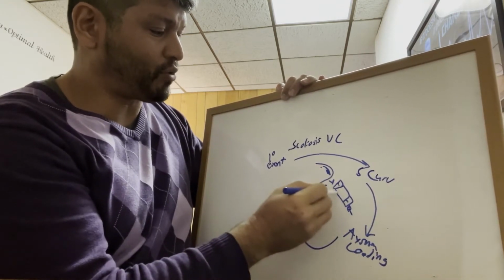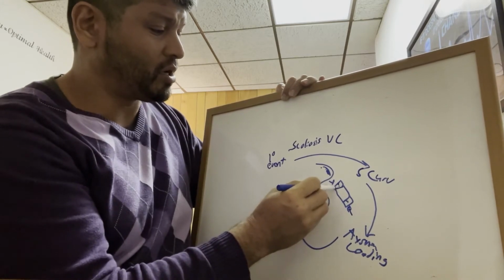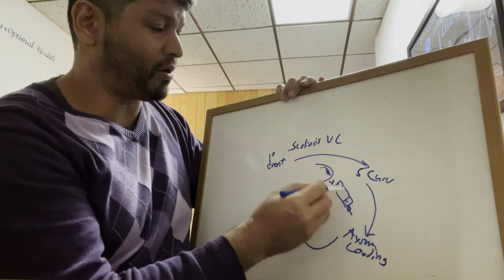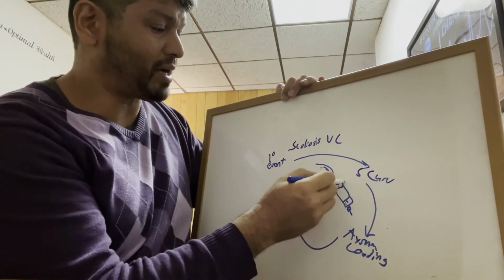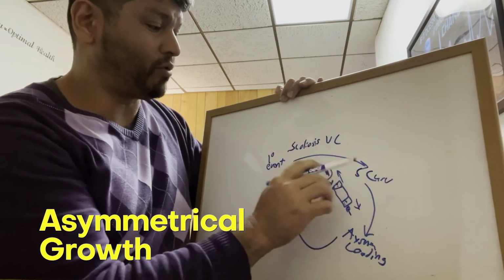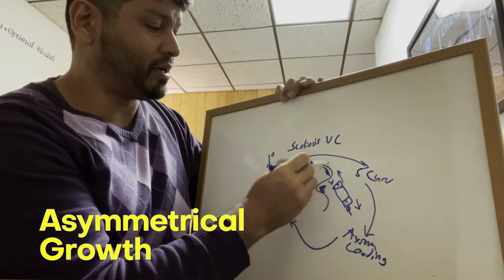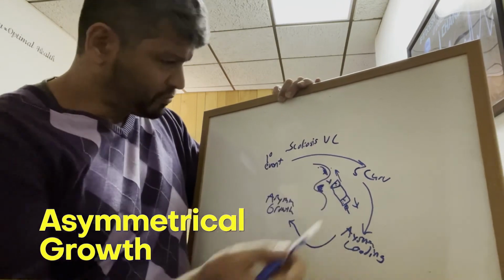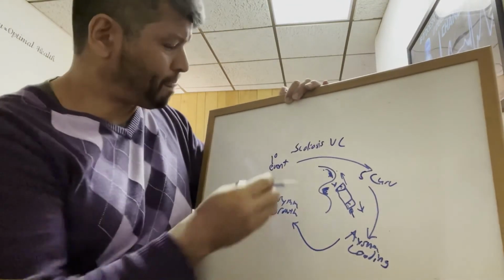All right, the forces compress this side, so this side's going to stunt the growth, or at least slow it down. While this side is not compressed, it's actually tractioned out a little bit. It's going to allow a faster growth rate on this side, the convexity side, than the concavity side. Okay? So that's what happens on this side.